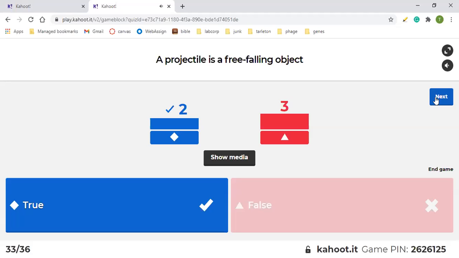A projectile is considered a free-falling object because it does have gravity working on it. So it is free-falling, just with an x component added to it.